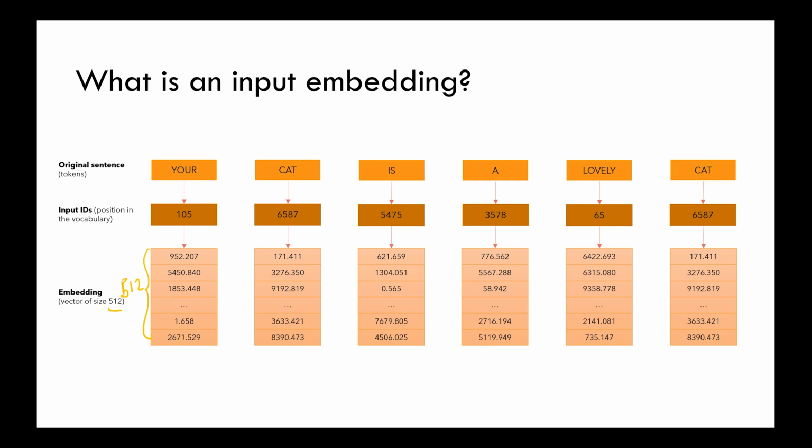As we can see here, this cat and this cat have the same embedding. They have the same values in this vector. For future slides, we also define this quantity, d_model, equal to 512, which is the size of the embedding vector for each word.